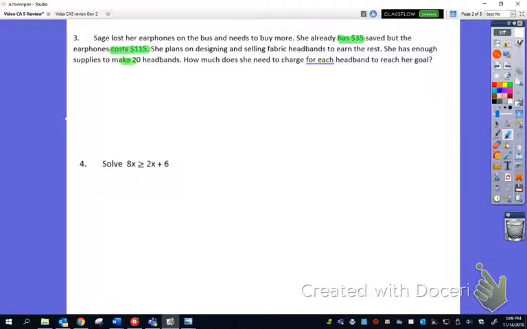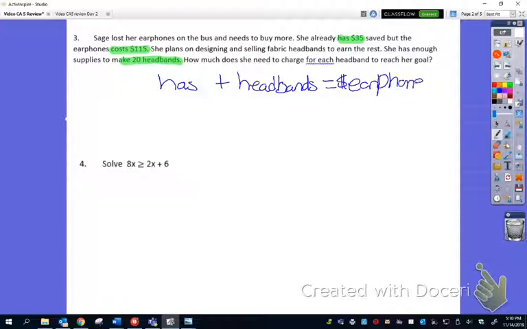Okay, now she wants to buy the headphones. Okay, so she has money, and then she is going to sell headbands, and that's how she's going to get money. And with all that money, she wants to have money to buy earbuds or earphones.